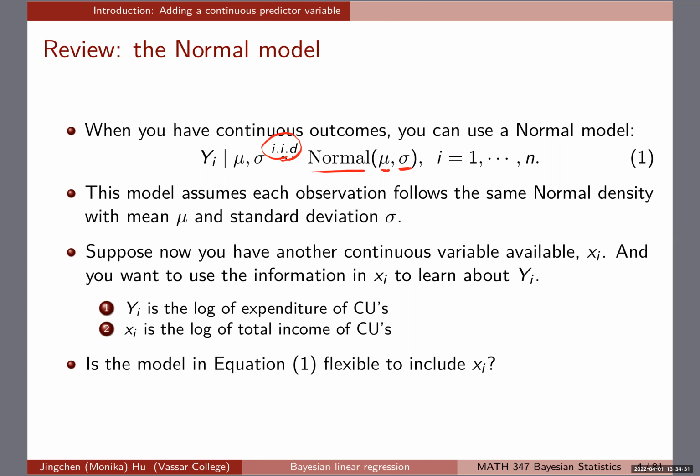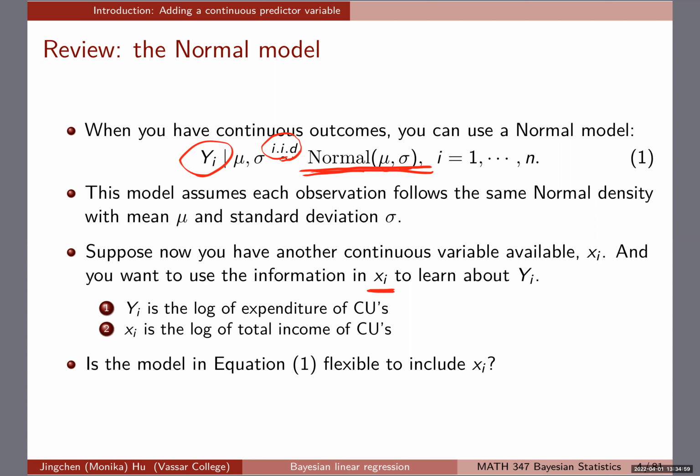And suppose now we have another continuous variable xi generically, and we want to use this information in xi to learn about yi. Okay, so we still have the outcome as yi, which is the observation-specific outcome. But instead of using equation one, which is a normal model IID, we're trying to introduce an extra variable, which we're going to call the predictor variable, to learn about yi in this case.